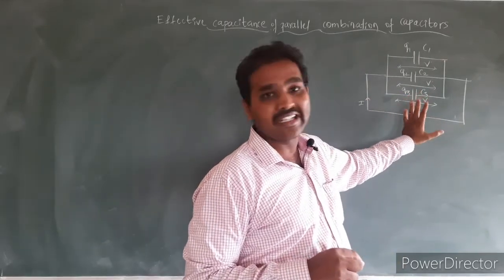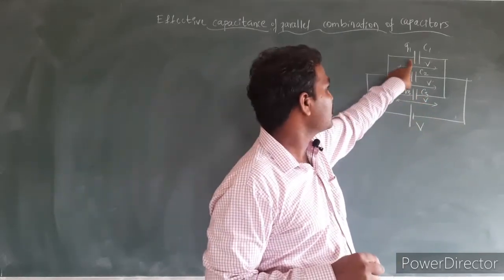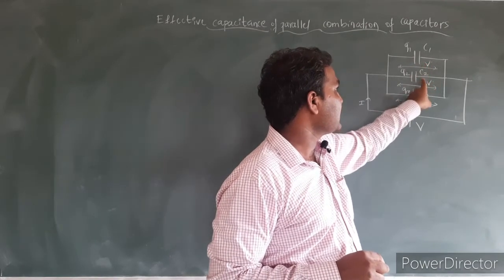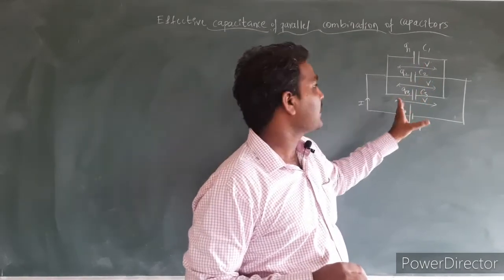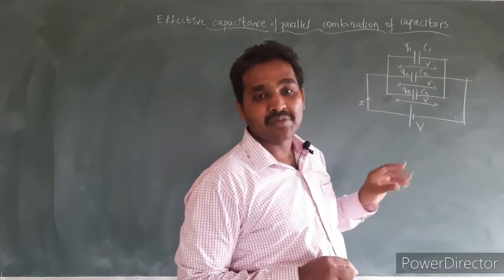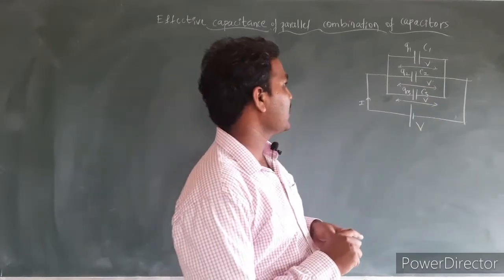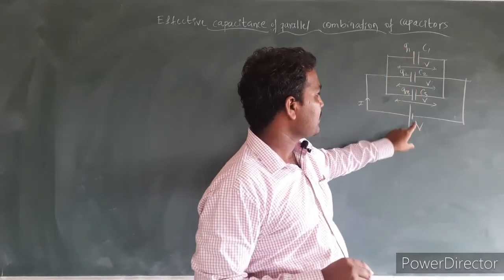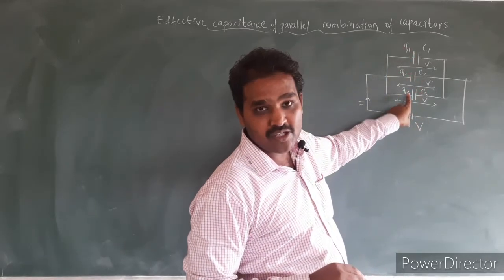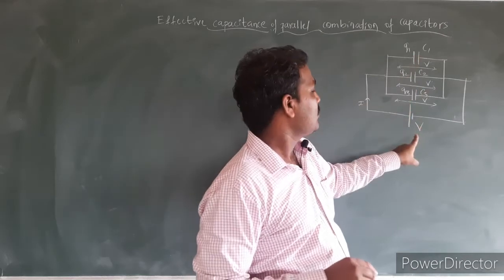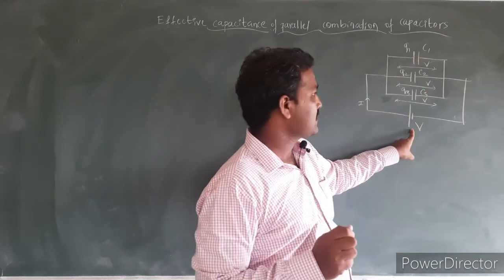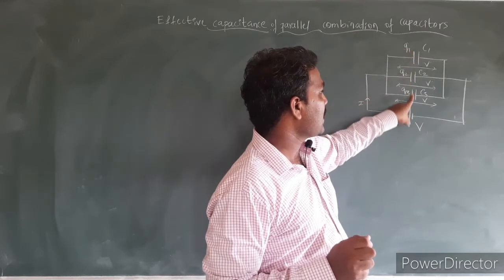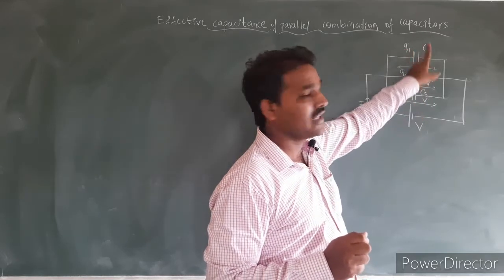We can also connect it in reverse, but all the left terminals are connected to the same terminal of the supply, and all the right terminals are connected to the other terminal. In a parallel combination, the potential drop across each component is equal to the supply voltage. Hence, the potential drop across C1, C2 and C3 is equal to V.